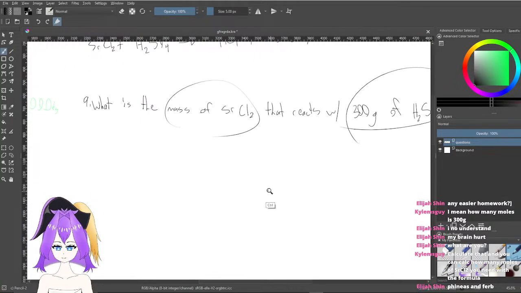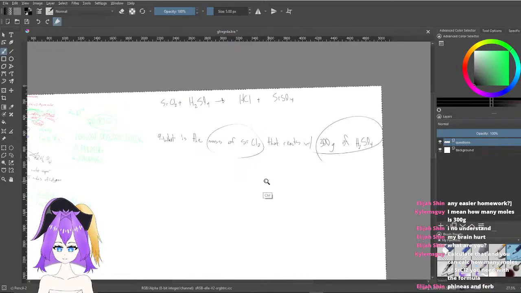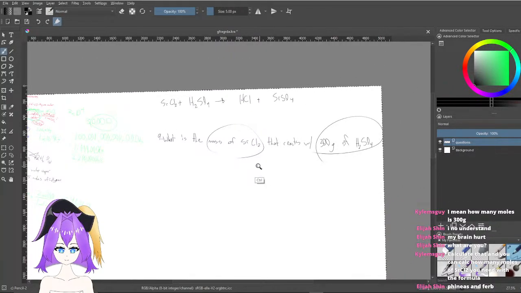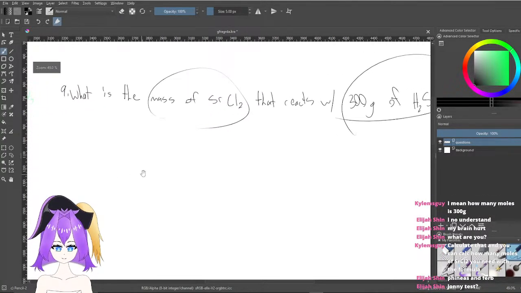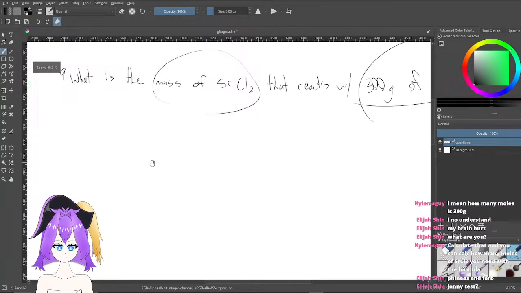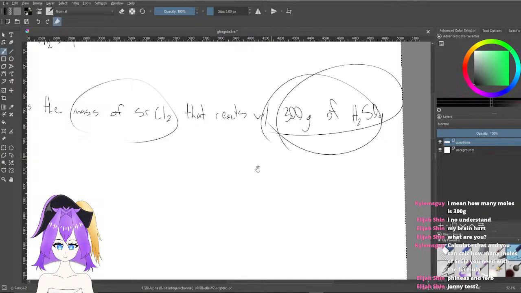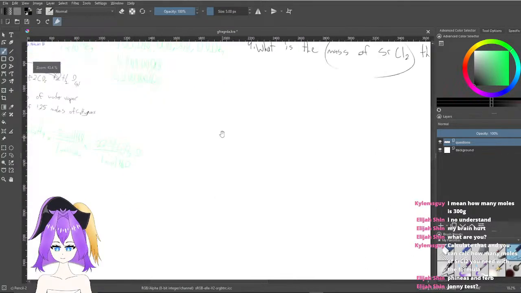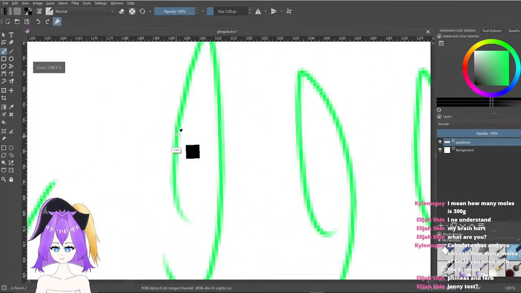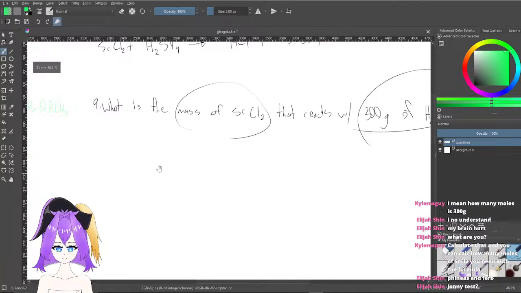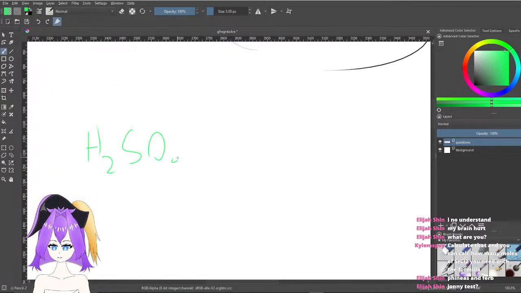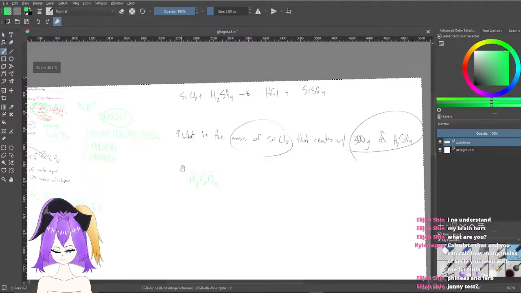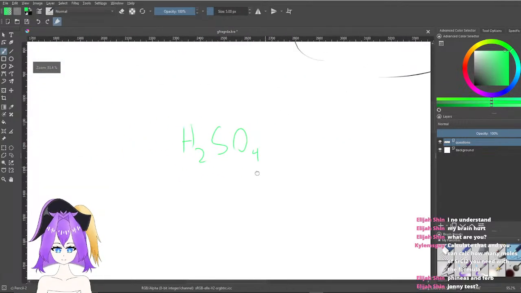Oh, wait a sec. If I set up the equation like H2SO4, this is something I could do.